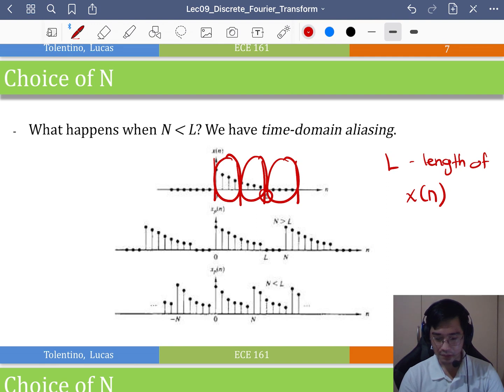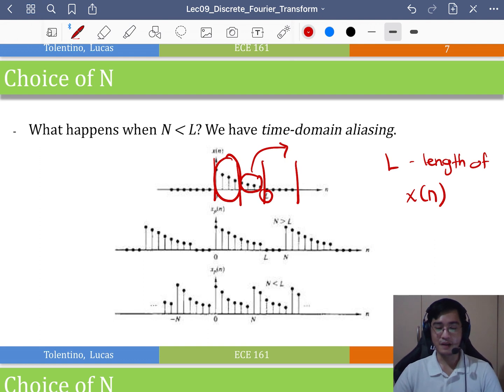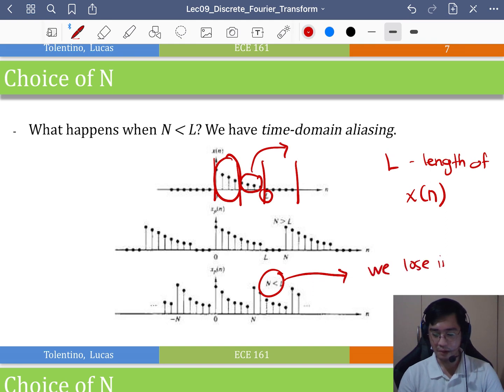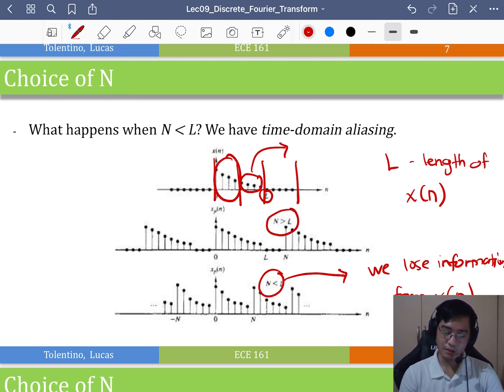Therefore, we are basically losing this information, which is part of our x of n. So if we have N less than L, we lose information from our original time domain signal. We do not want that, because we want to represent x of n in the frequency domain without losing the original representation. So in general, we should not choose N less than L.